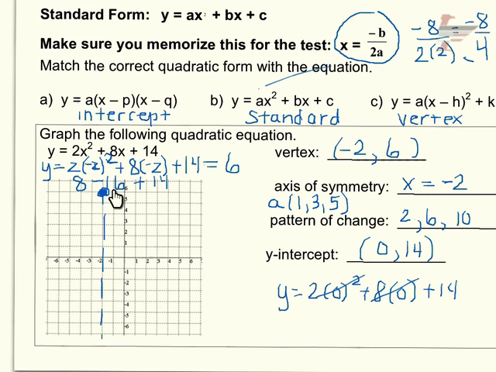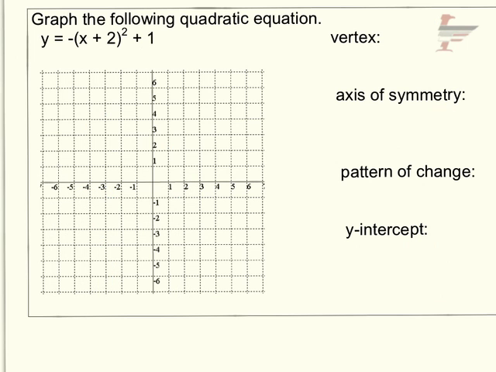So over 1 up 2, and the other direction over 1 up 2, and I can kind of sketch that in, of course. So right here and right here. And then from these points, I'd go over 1 again, up 6, my pattern of change, over 1 up 6, and you get the idea. So it's going to be kind of a parabola like that. Sorry about my graph again.